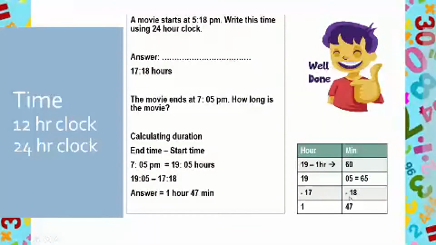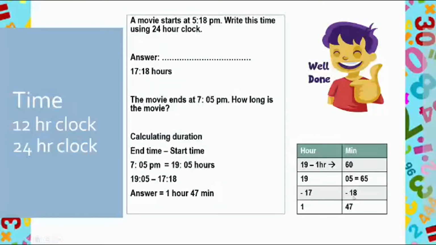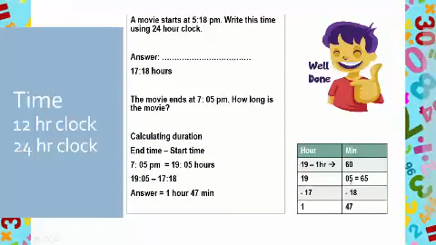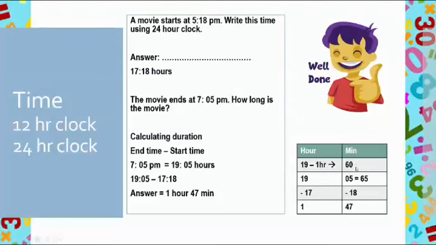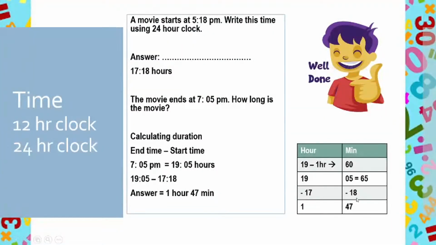While subtracting, we always subtract minutes from minutes and hours from hours. From 5 minutes, it's impossible to subtract 18. In order to do that subtraction, I borrow 1 hour and convert it into minutes. Obviously 1 hour is equal to 60 minutes. So I carry forward 60 minutes, plus 5 minutes originally makes it 65 minutes, from which now I have to subtract 18 minutes.